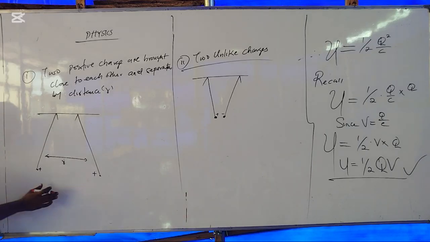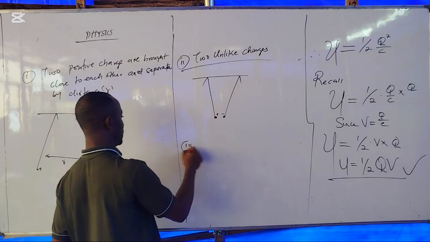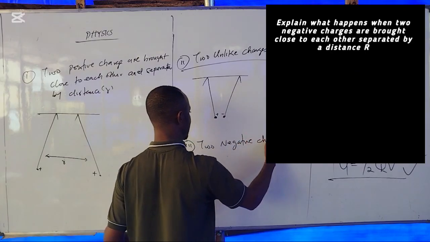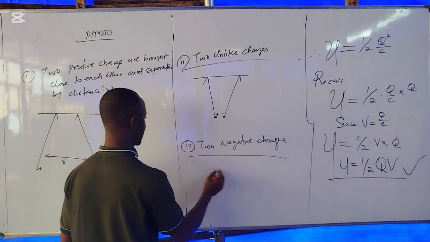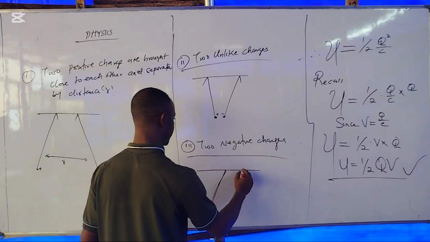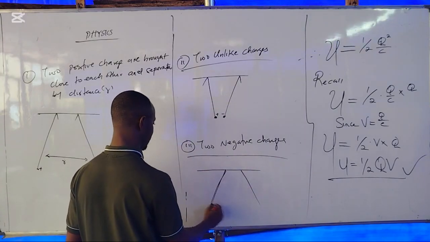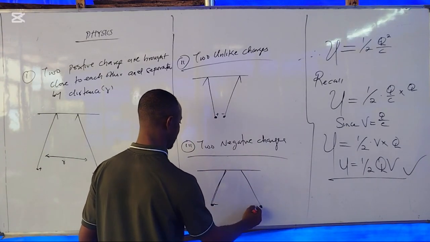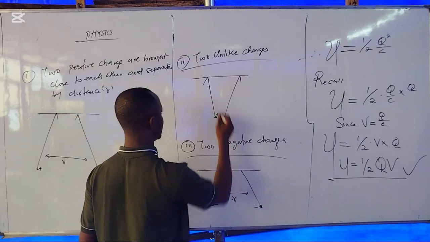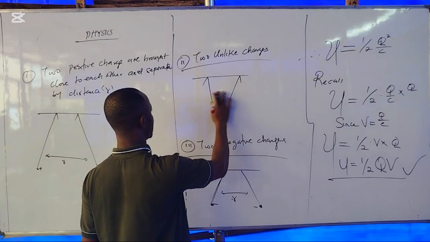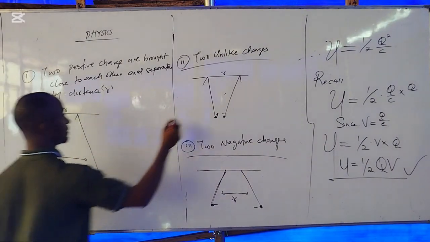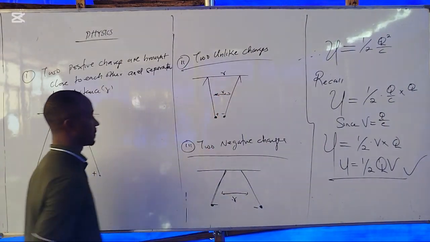The same thing we obtain here. To just be this. That will give us the same diagram here. We're going to have negative and what? Negative. Distance is what? R, abi? Distance R. Here we have our distance R, in between here, right? Our distance R. Are you there?